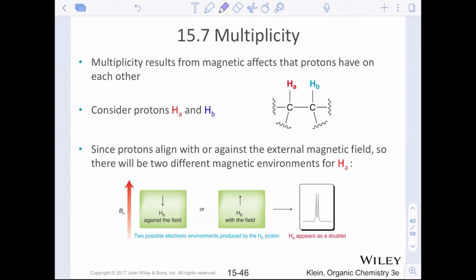There's options, right? And so with HA, what happens is HB will affect its peak. So multiplicity results from neighboring protons acting on each other.